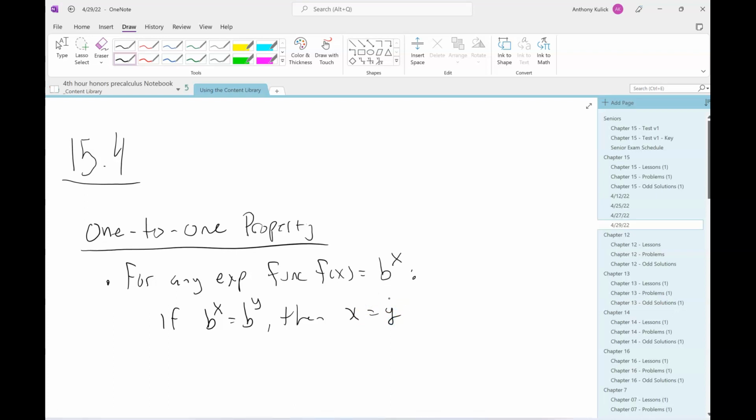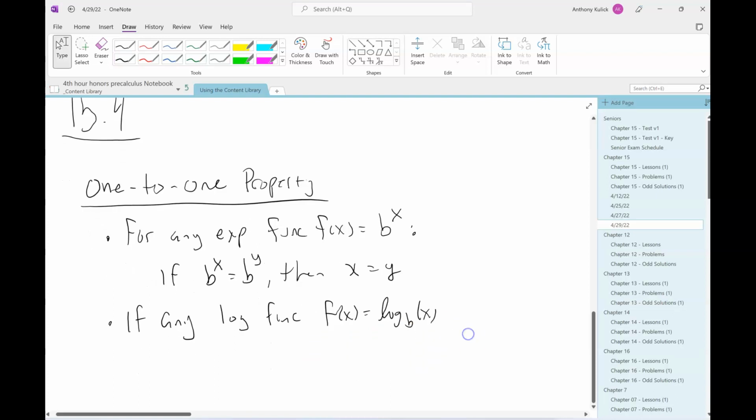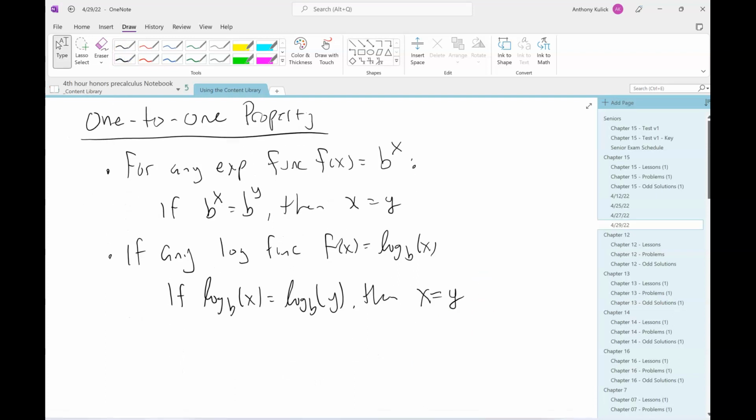If I said 2 to the third is equal to 2 to the x, x just has to be 3. Pretty common sense, and we can say the same thing about log. Everybody cool with that notion?